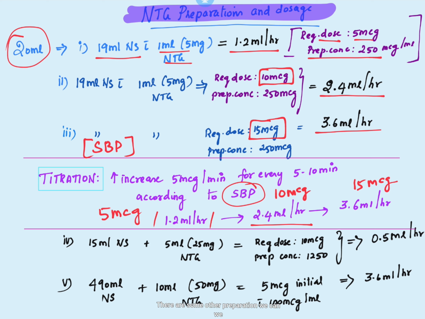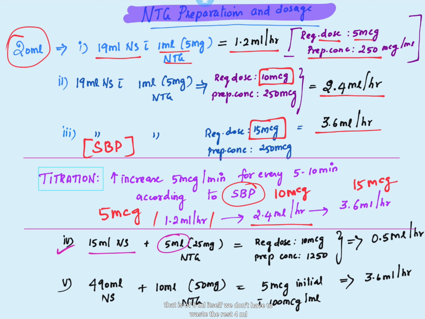There are other preparations we can use, depending upon the institution or the protocol followed in each hospital. As another example, we can use 15 ml NS with 5 ml NTG, because some vials come as 5 ml itself.